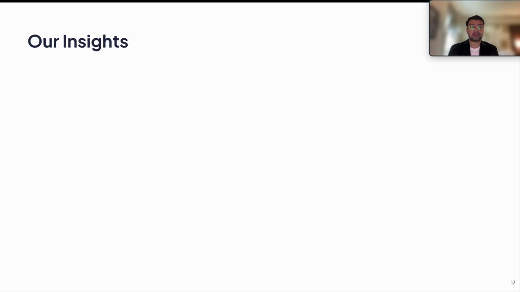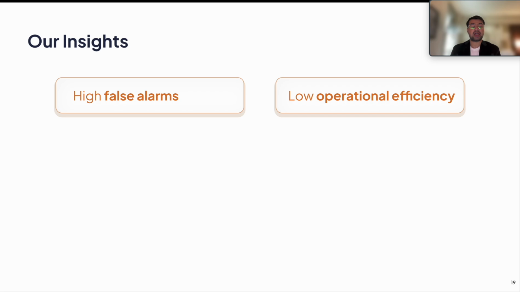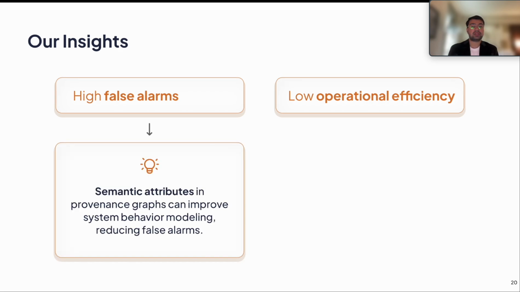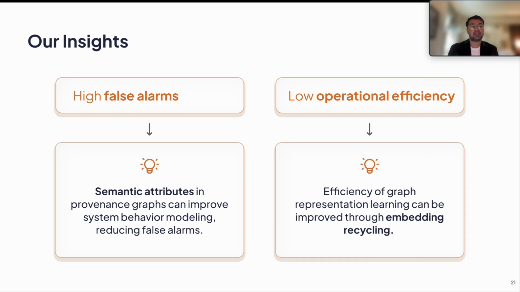The main insights behind Flash for dealing with the challenges of high false alarms and low operational efficiency are that high false alarms can be tackled through the use of semantic attributes in provenance graphs, which can greatly improve the system behavior modeling, thus reducing these false alarms. And for the low operational efficiency, we observe that the efficiency of graph representation learning, which is widely used in existing PIDS systems, can be improved through a novel embedding recycling technique used in Flash.